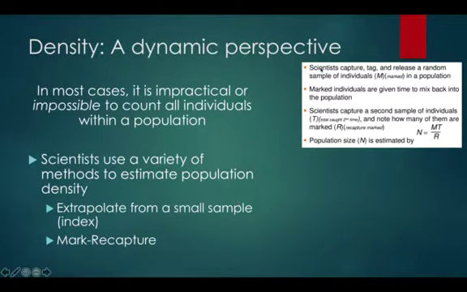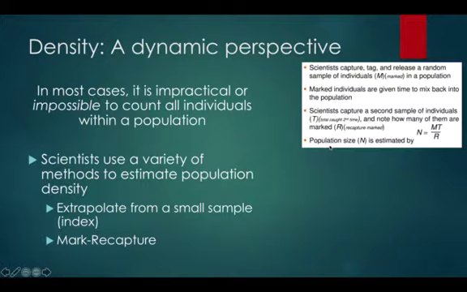So here I have a little description. Scientists capture, tag, and release a random sample of individuals, M for the marked individuals. Marked individuals are given time to mix back into the population. Then we go back and capture a second sample of individuals, T for total. Now, how many of them are marked, R for recaptured?